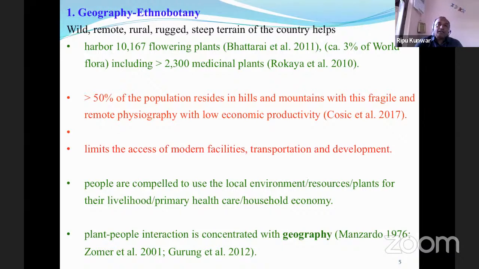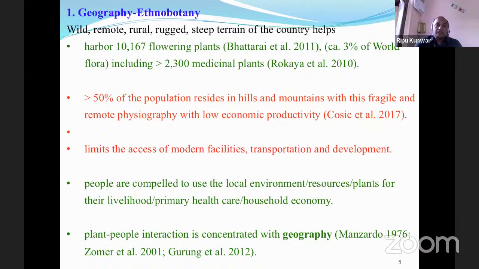However, at the same time, more than 50% of the people reside in the hills and mountainous region, where the physiography is fragile and remote, with low economic productivity. This rugged, remote terrain limits access to modern facilities, transportation, and development.